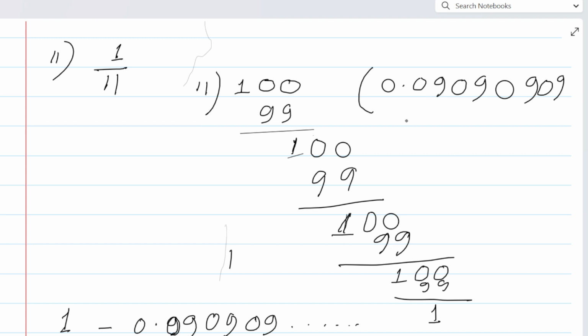For this decimal point, this 0 is free, again 11 is not going, means you cannot divide 10 by 11. So what you do, take 0 here, 10 here, and also 10 here. Okay, 99, then again 9 times.